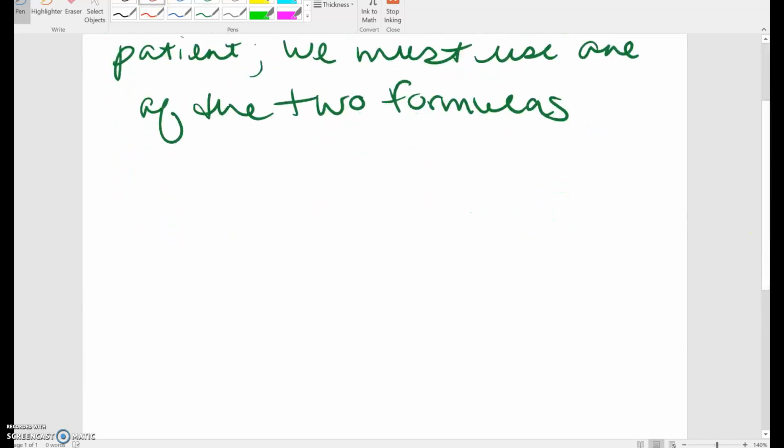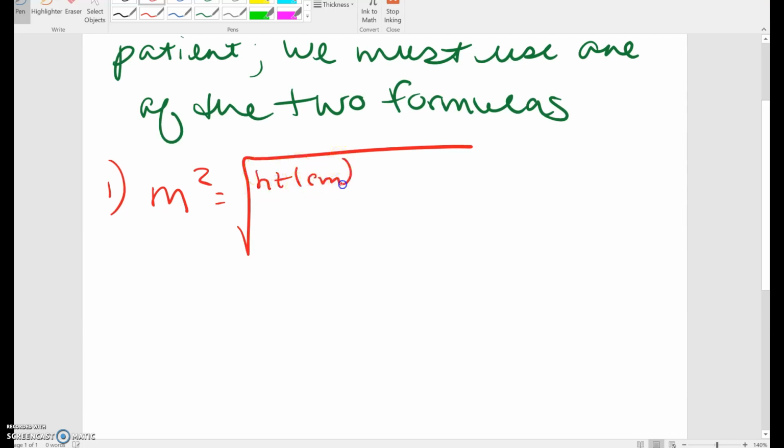So formula number one. All right. Formula number one. You guys need to make sure you have this written down. It is within your equivalence sheet that I've provided you. But formula number one is that meters squared equals the square root of the patient's height, if in centimeters, times kilograms over 3,600.